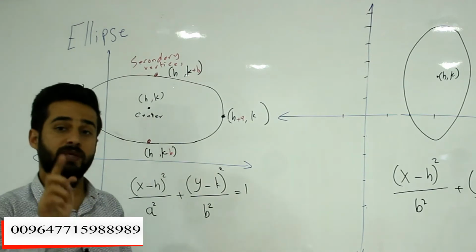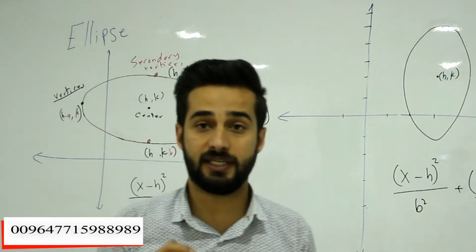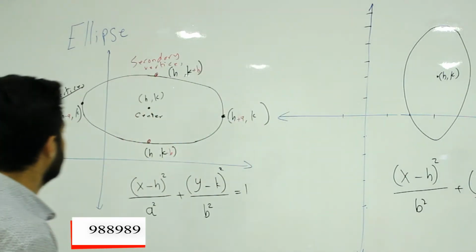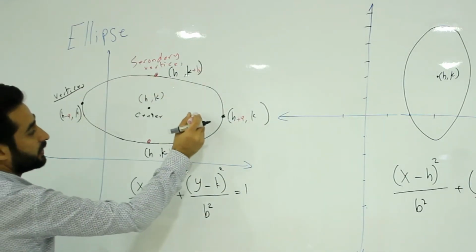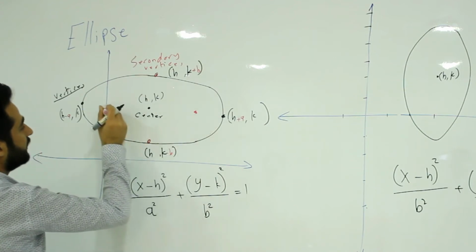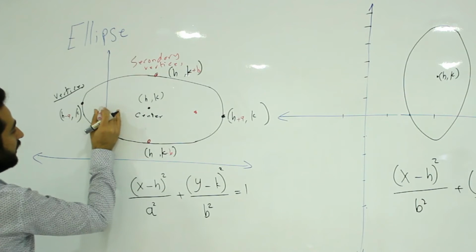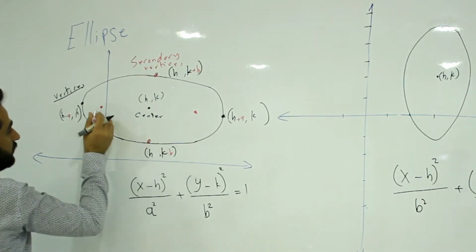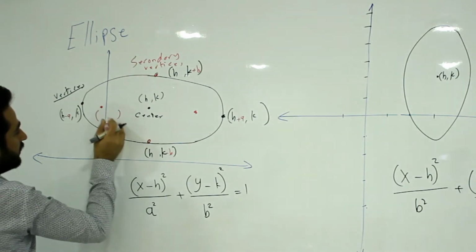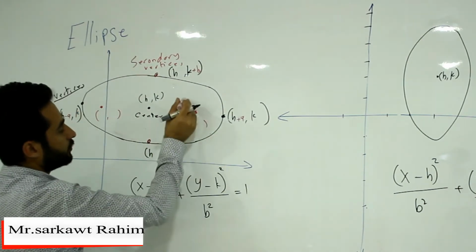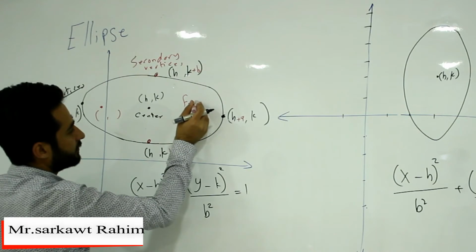One more point we have, guys. The other point is c, so for c we will work with c. We have a point that is here and here, maybe in here or here. Now this is general. We don't know where it is. This is called foci.